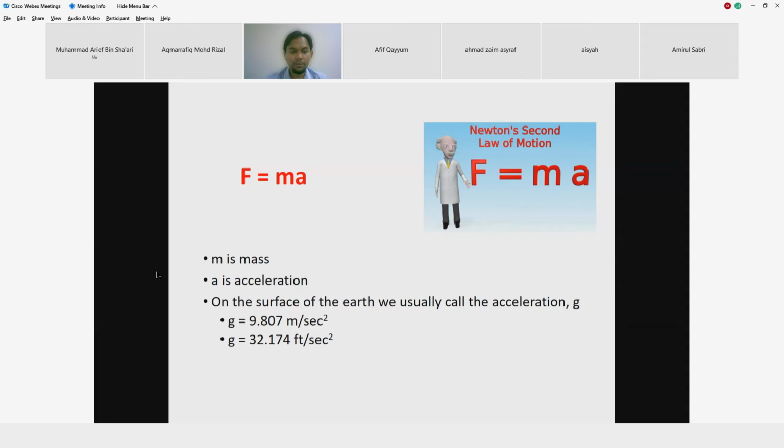So on Earth, the value of g is 9.8 meter per second square. 32.17 is in terms of feet per second square. Since we refer to SI units, we use 9.8 meter per second square.